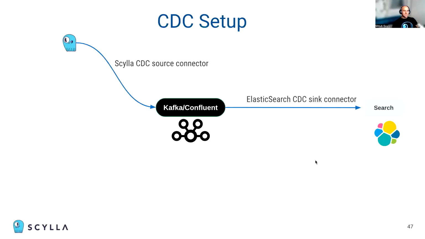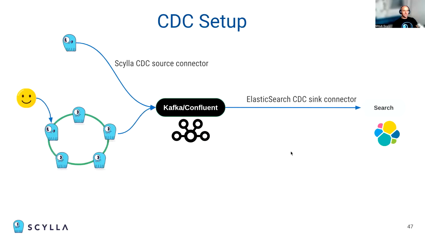Okay, so this is an example of a CDC setup. Again, this is just one example out of many different examples that I could have come up with or that users are using. So here we have a ScyllaDB cluster. A user is doing something with the cluster, say writing data. CDC is enabled, so the data is also written to the change data capture table.